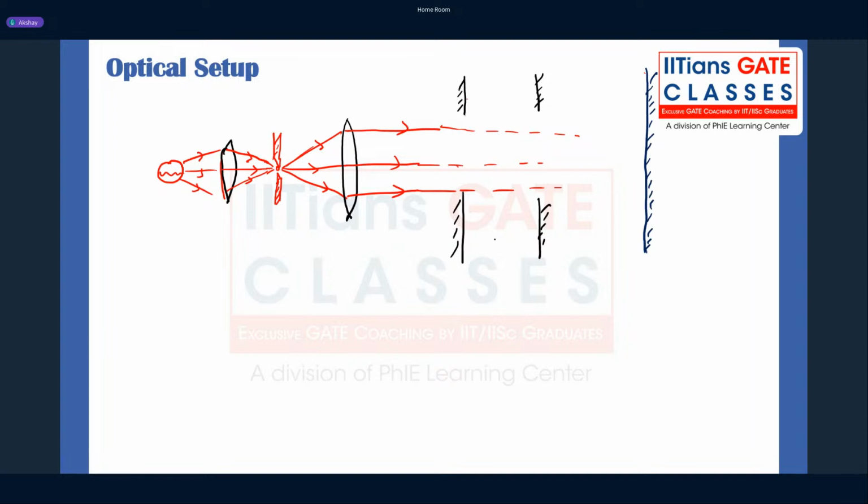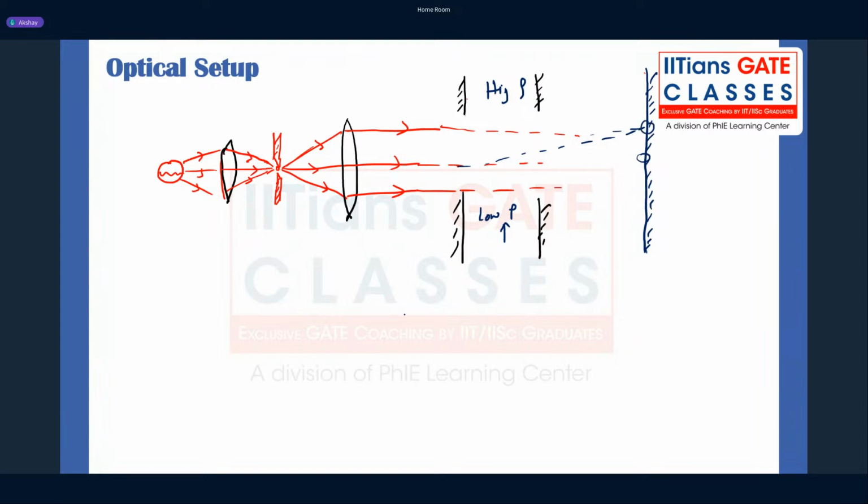So see, I have a flow which is going in this direction. Say it is a low density region and this is a high density region. When the flow goes from low density to high density, the light will actually bend towards high density. And what you see on the screen is, here you see a lighter region, here you see a darker region.